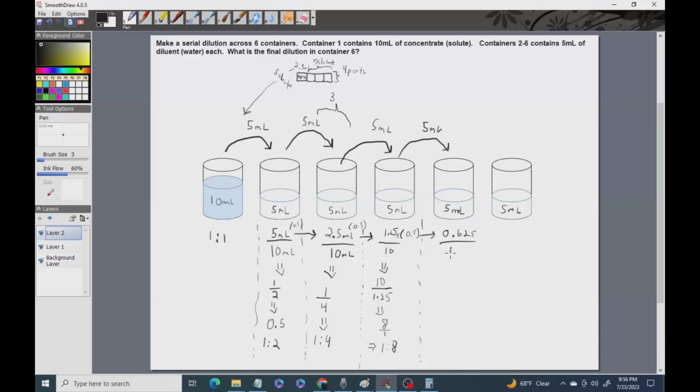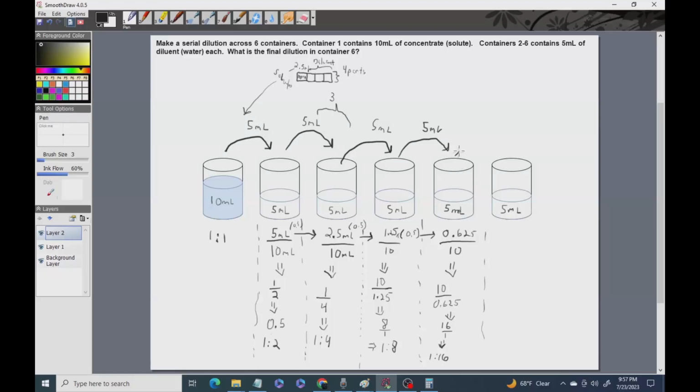And we divide that by 10, and we can also flip this. 10 divided by 0.625 gives us 16 over 1, which is, running out of space, a 1 to 16 dilution.